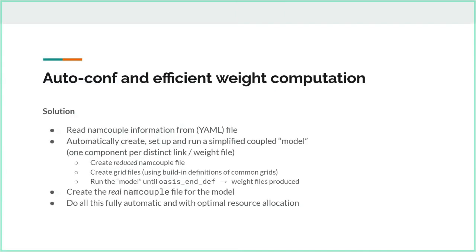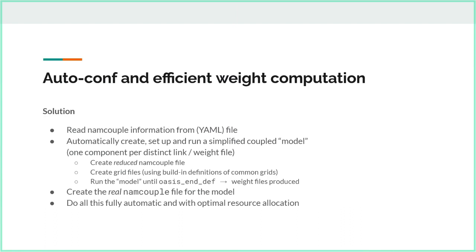So what we do, we read the num couple information. In our case, we use a YAML file. And then by using PyOasis, we automatically create, set up, and run a fake model. It's a model that has one component for each of those links, making sure that each component only needs to compute one set of weights.